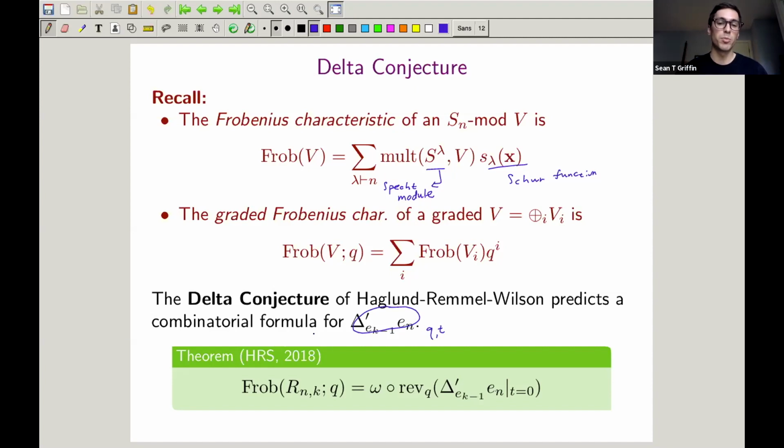More precisely, they proved that the graded Frobenius characteristic is equal to this symmetric function after you set t equals 0 and apply a minor twist. Rev q is the operation that takes a polynomial in q and reverses the coefficient sequence, and omega is the involution on symmetric functions that takes en to hn.